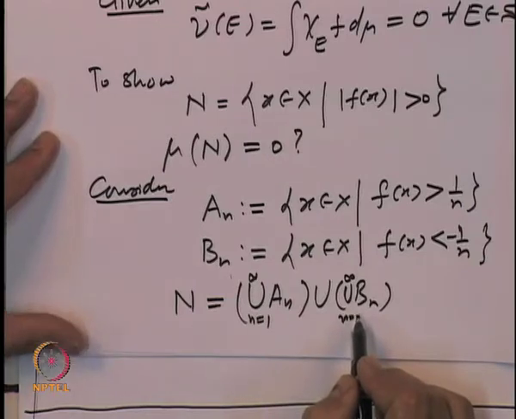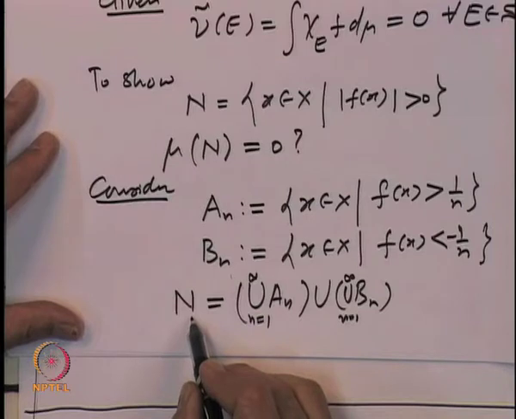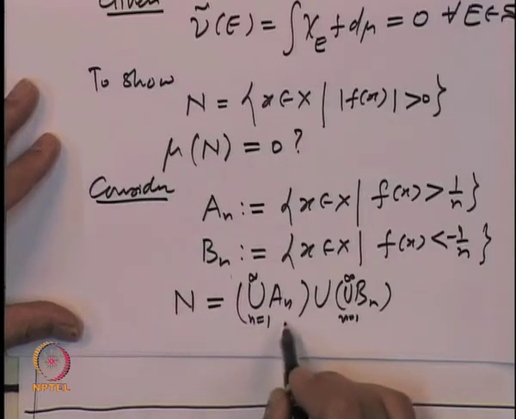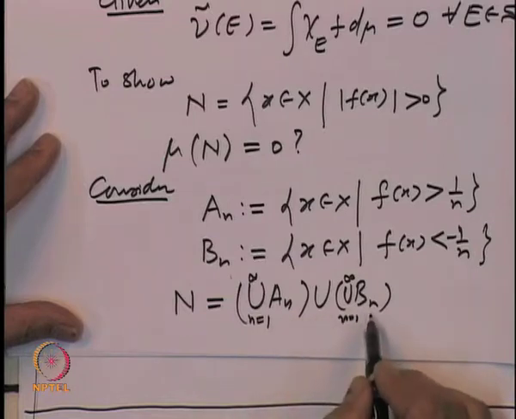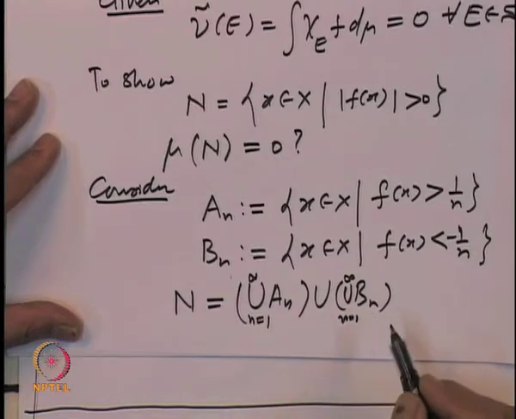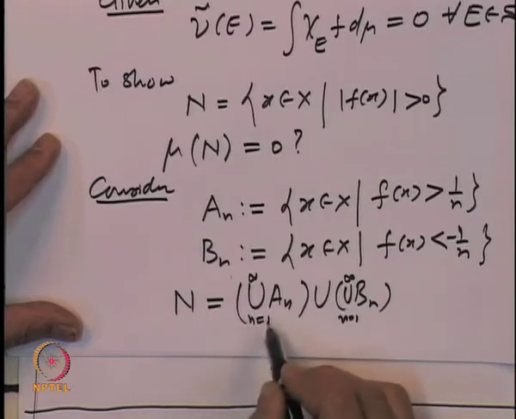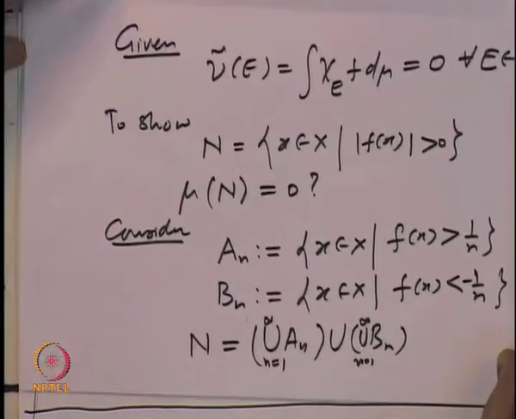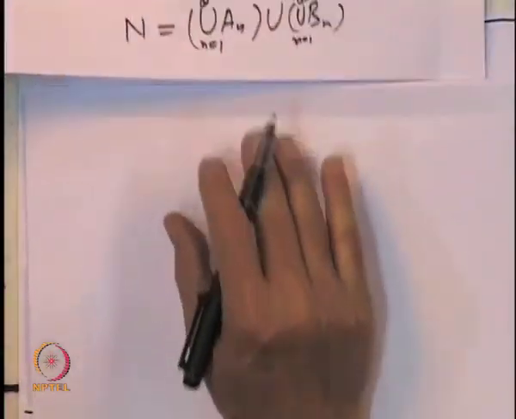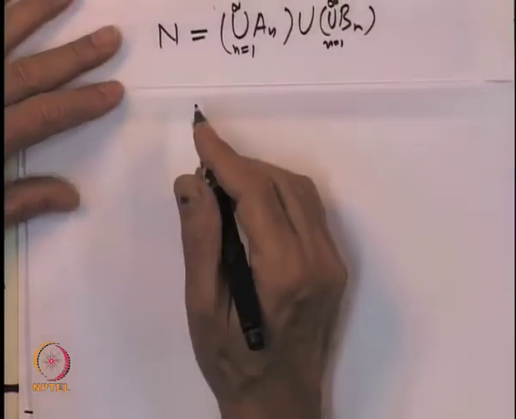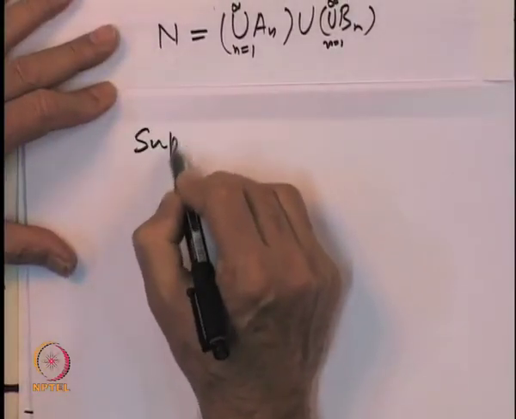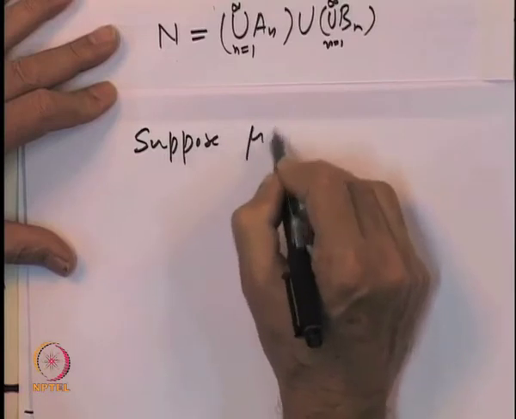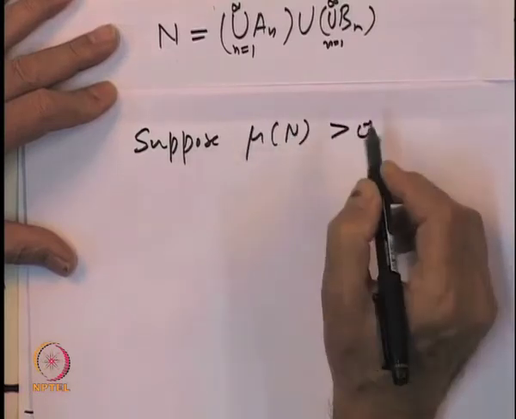So, in case mu of N is not 0, that will mean for some n, either A_n has got positive measure or B_n has got positive measure, because otherwise mu of N will be less than or equal to sigma mu of A_n's plus sigma mu of B_n's, all of them equal to 0. So, to show that mu of N is equal to 0, suppose mu of N is bigger than 0.